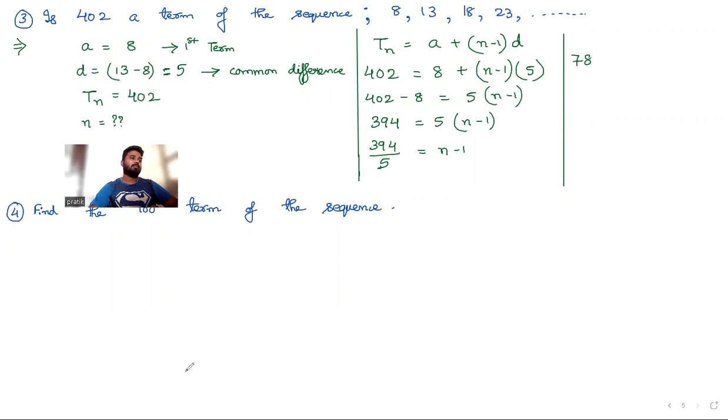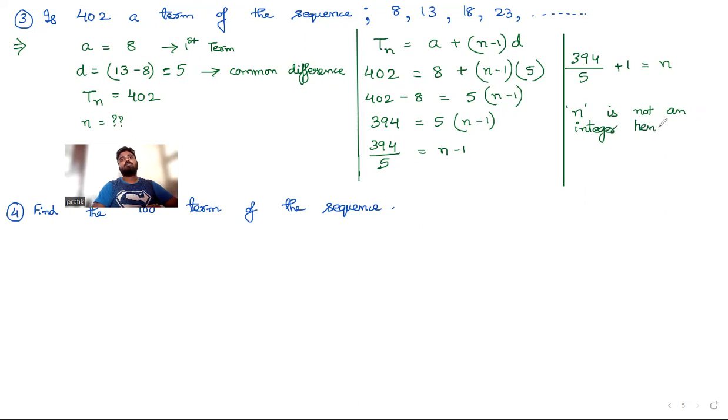Whatever it is, this part is a fraction. 394 by 5 plus 1 is equal to n. So n is not an integer.